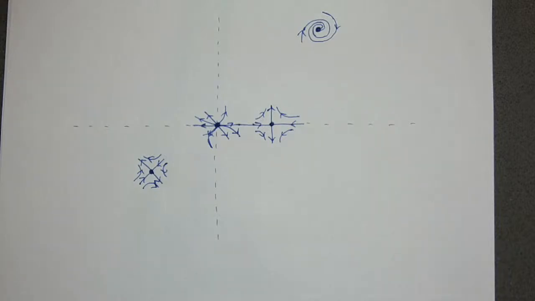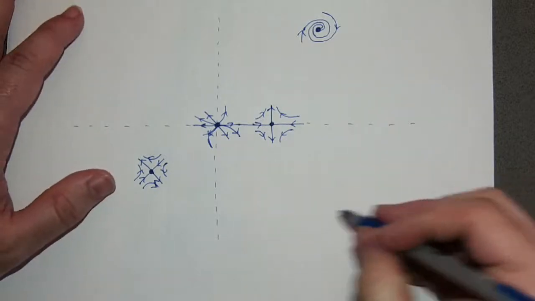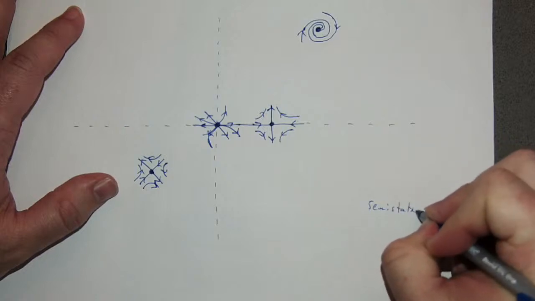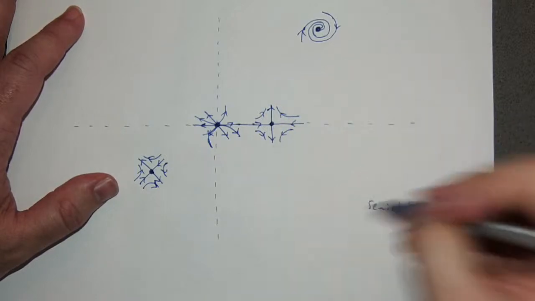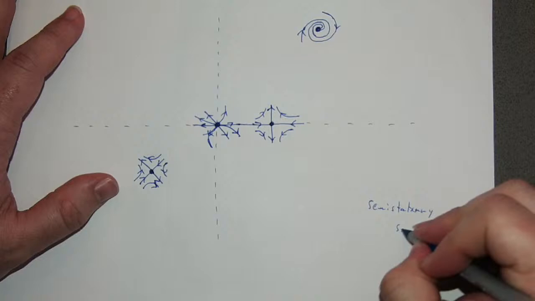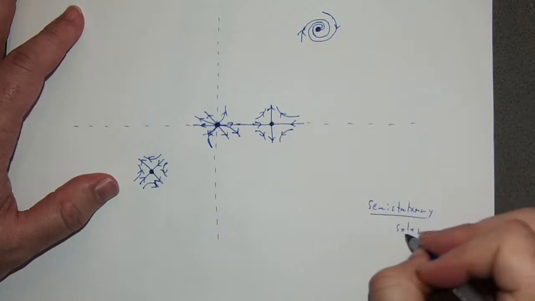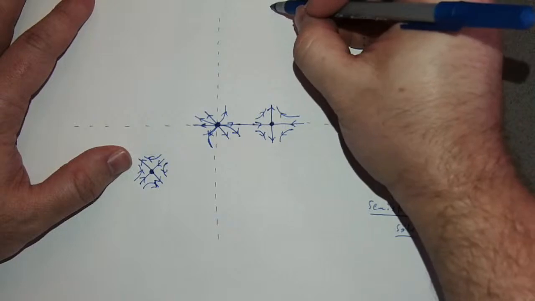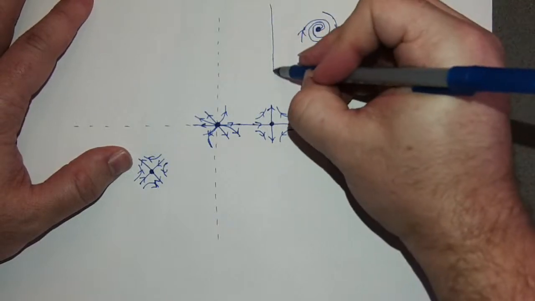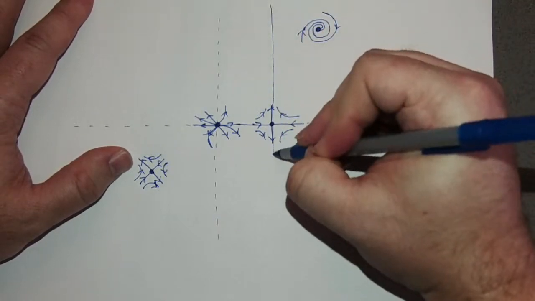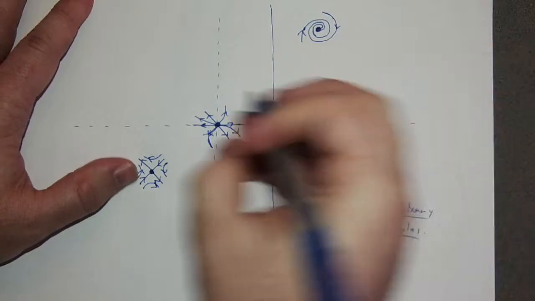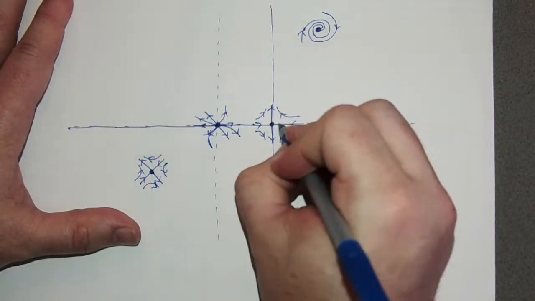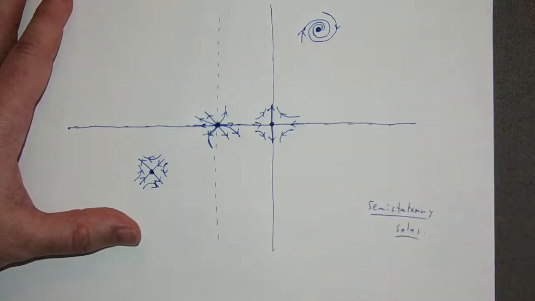Now, recall we found semi-stationary solutions for this along the following vertical and horizontal lines. So we did this two lectures ago. So the semi-stationary solutions actually are along this vertical line and this horizontal line, which is why I could connect these.